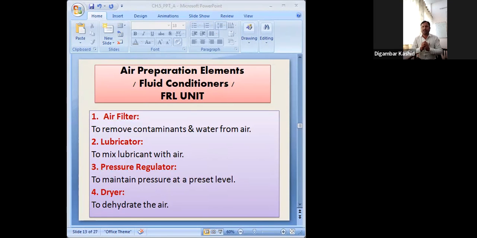System performance and accuracy depend mainly on the supply of clean, dry, and contamination-free compressed air.